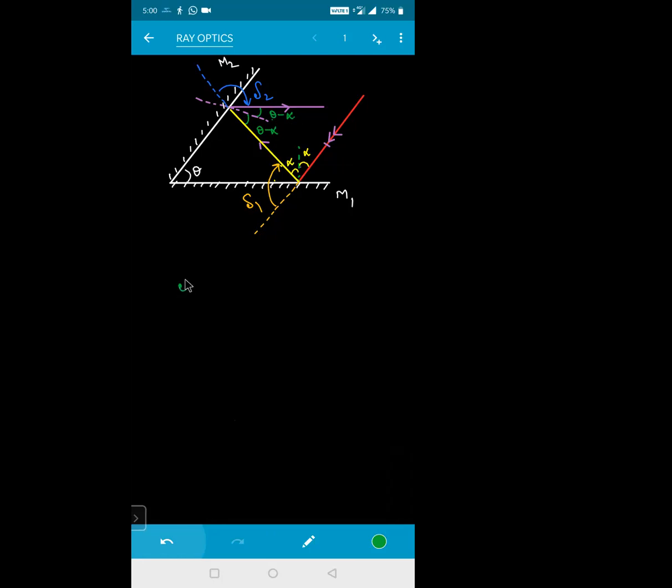So tau 1 will become how much? 180 minus, this is alpha and alpha, that is 2 times alpha. And tau 2 will become right now how much? 180 minus, this is 90 minus alpha, sorry, theta minus alpha, theta minus alpha. So this will become 2 times theta minus alpha. So this will become 180 minus 2 theta, minus minus will become plus, 2 alpha if I'm opening the bracket.